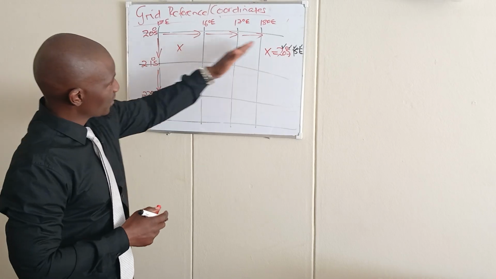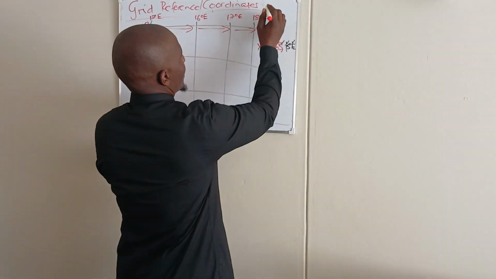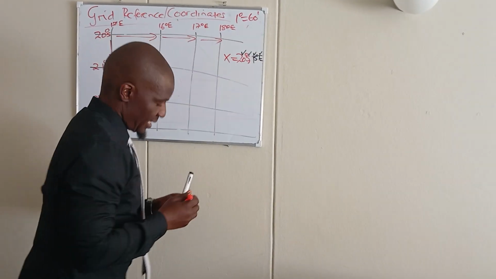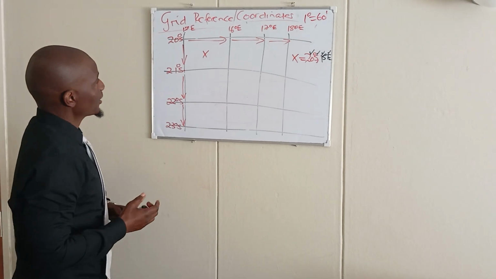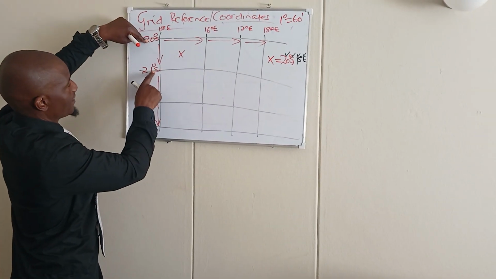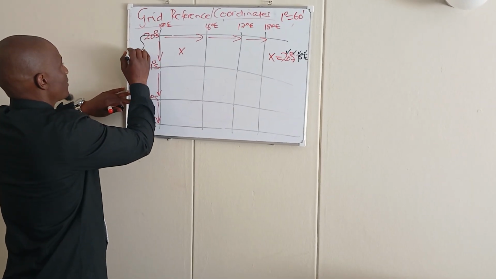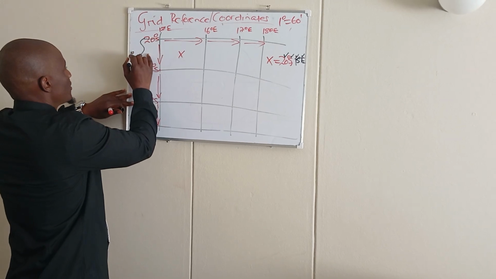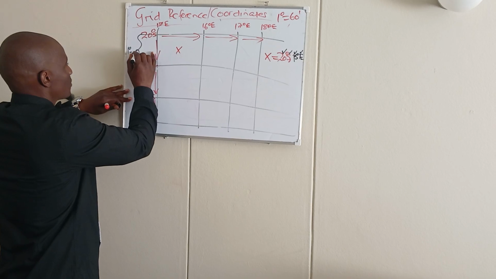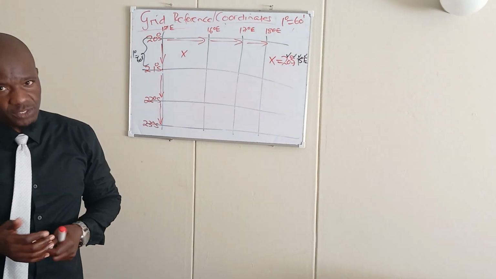I've started off with the degrees, but there is a rule that states that 1 degree is equivalent to 60 minutes, which means we can actually divide from here up to there. We can divide this 1 degree, that is from 20 to 21, which is equivalent to 60 minutes, which means we can divide our grid into minutes as well.